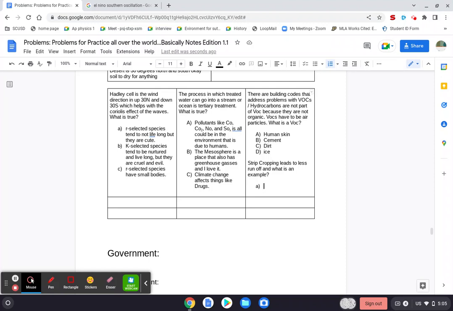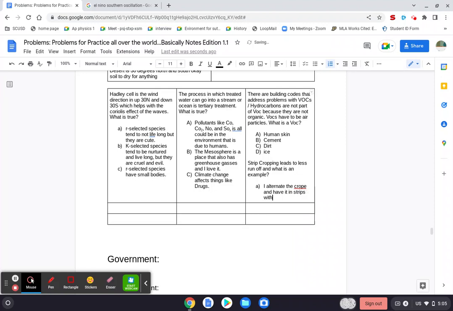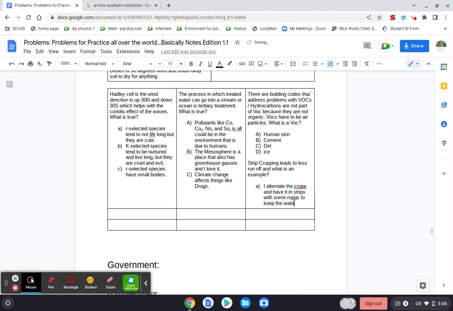One of them. Okay, so alternation. I alternate the crop and have it in the strips, with some rugs to keep the water inside. That works, right?